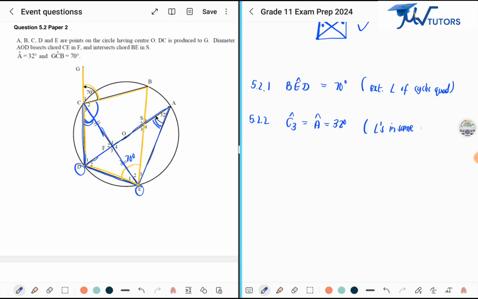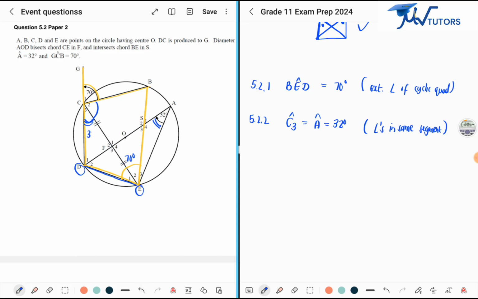Okay, so angles in the same segment. Okay, it's an easy enough reason to remember, but like I said, for me, angles subtended by the same chord are equal, or angles in the same segment. Okay, so now we have 32 degrees. All right, let me just remove that for now.